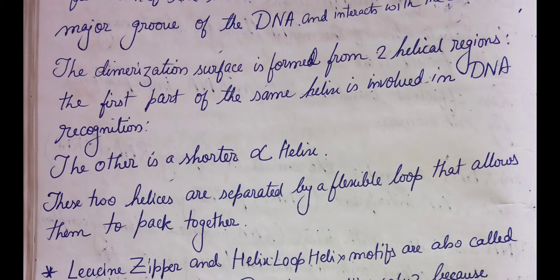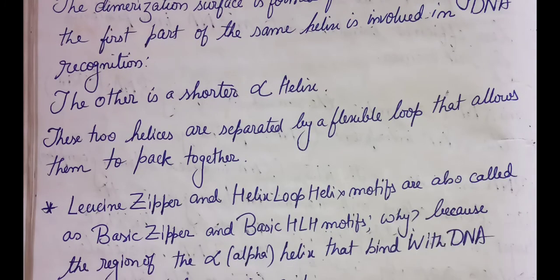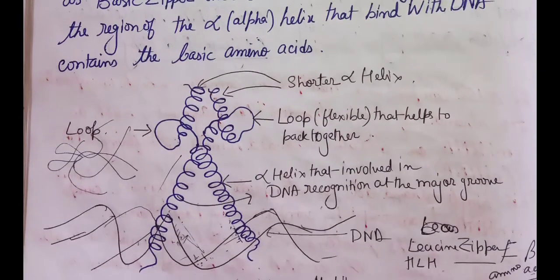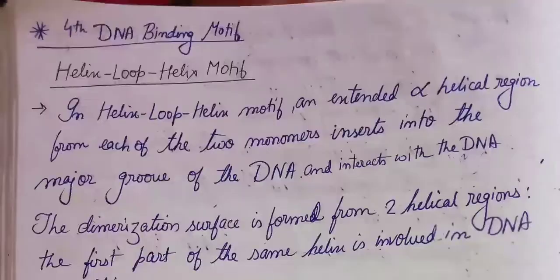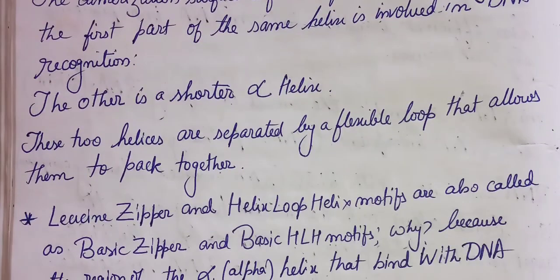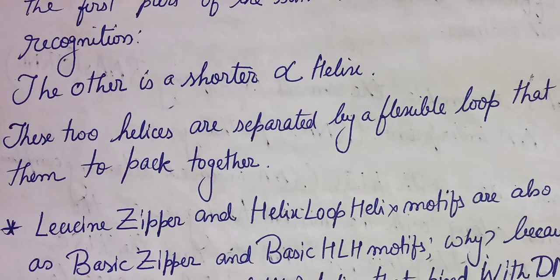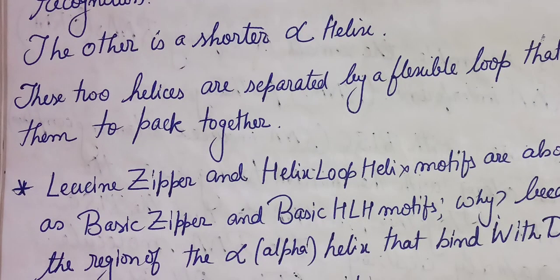These two helices are separated by a flexible loop, as you can see here between the two alpha helices in both monomers, and the flexible loop helps them to pack together.